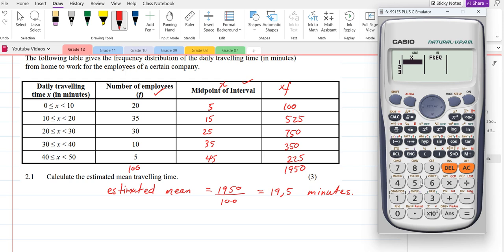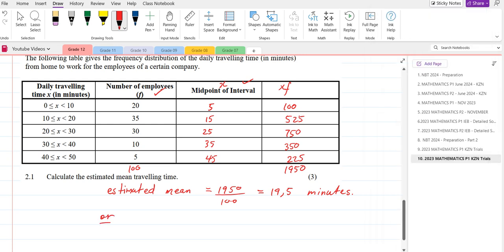So x was 5, 15, 25, 35 and 45, and the frequencies are 20, 35, 30, 10 and 5. Put your calculator on, press shift 1, go to stats, go to var, option number 4, and select option number 2. See, we got 19.5, so same answer.